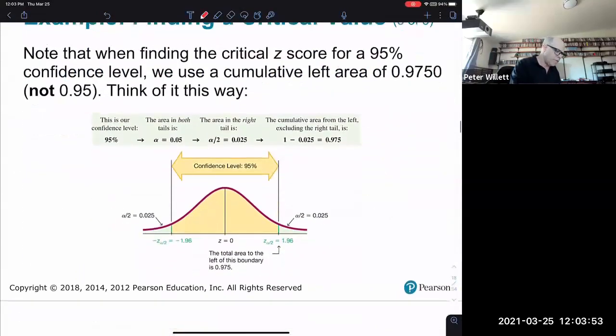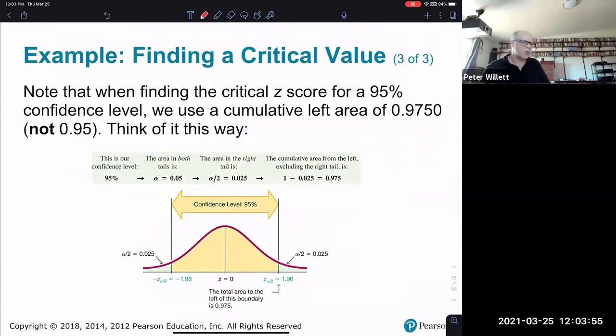Often this is referred to as looking up z-scores to get particular area values on a table, but we've just done that with the normal calculator in StatCrunch. So if I use the normal calculator and say I want the area to the right to be 2.5%, then StatCrunch will tell me the z-score is 1.96. That z-score of 1.96, they're referring to now as a critical value.